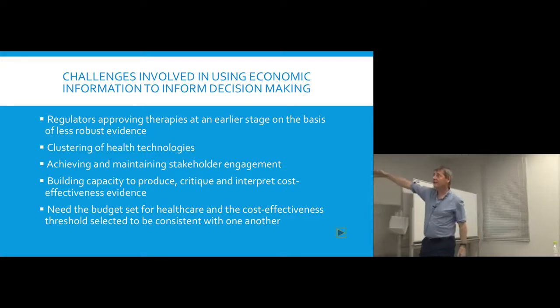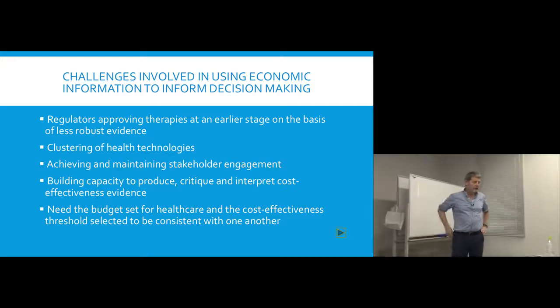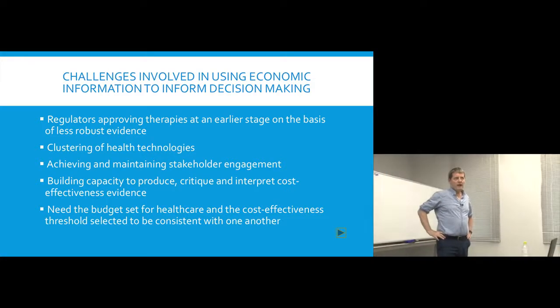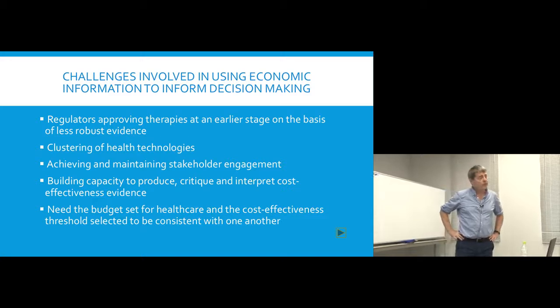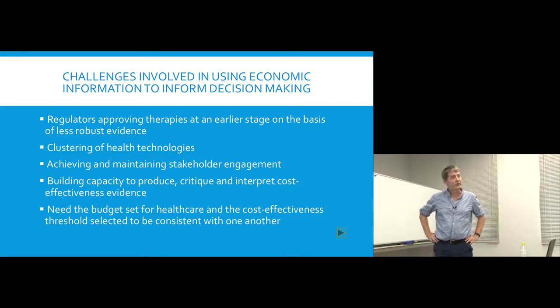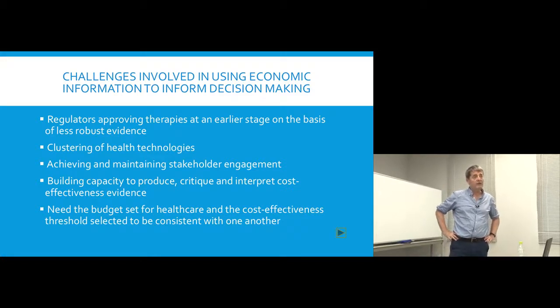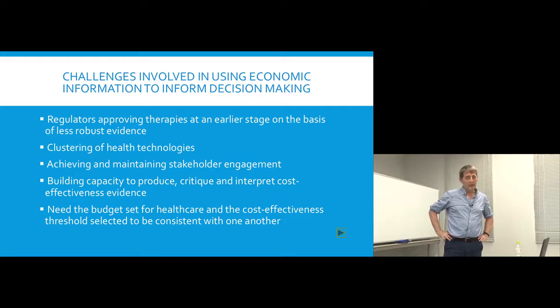And here's a few. First one, and I mentioned this just in passing, increasingly regulators are approving therapies at earlier stages on the basis of less robust evidence. So, for example, European Medicines Agency used to require what's called phase 3 studies.